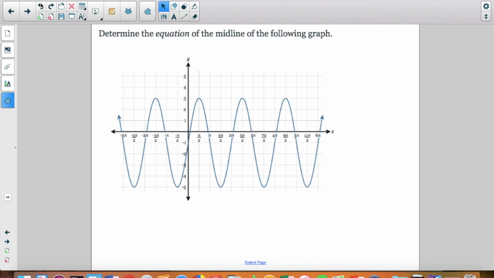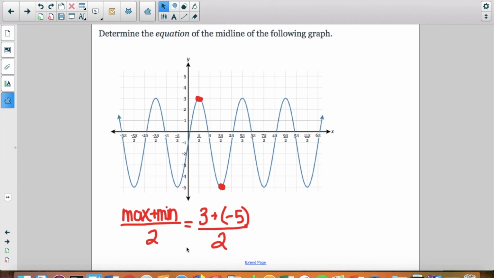So let's try to find the equation of the midline here. You look at the middle of your graph, or you take your maximum point, which is your highest, and your minimum point, which is your lowest. You add them up, so max plus min, and then you divide by 2 to find the middle. The maximum point was 3, and to that we're adding -5, and then dividing by 2.